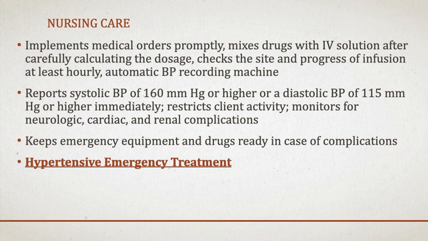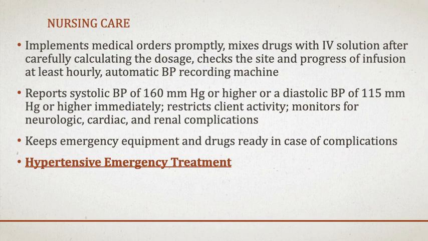So when it comes to the nursing care for the client with malignant hypertension, you need to make sure that you're calculating that dosage carefully. You need to make sure that you're mixing it appropriately. Check the IV site, look at the progression of the infusion. You have to monitor that pretty frequently. Report systolic blood pressure of 160 or higher or diastolic of 115 or higher immediately.